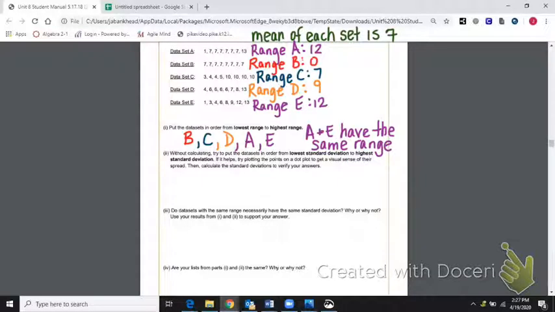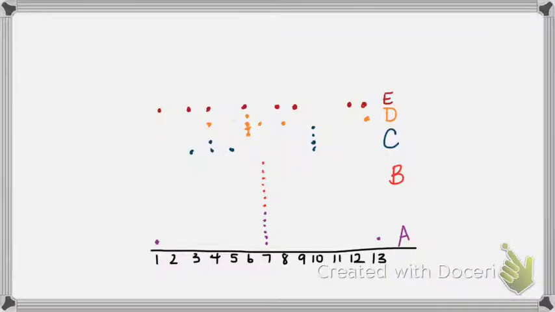We're now going to take a look at the standard deviation, and we're going to do the same thing. We're going to put our data sets in order from lower standard deviation to higher standard deviation. First, try to determine what that looks like without doing any calculations. Here's a quick dot plot of our data.